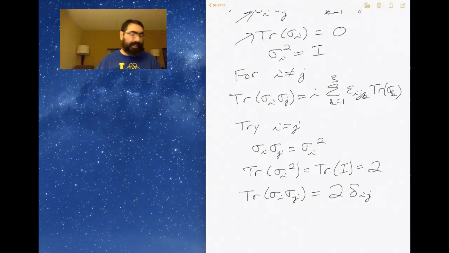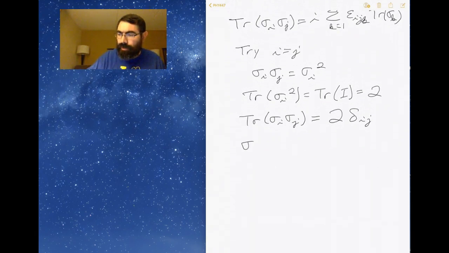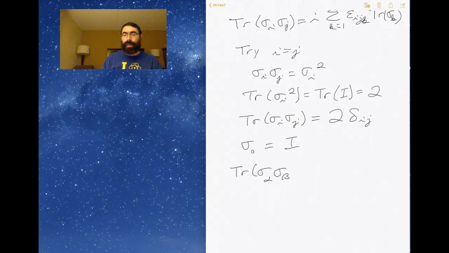So let's say we come up with a fourth Pauli spin matrix. We'll call this sigma sub 0, and we're going to set that equal to the identity. So now what we have is the trace of the product of any of these four. I'm going to switch from i and j to alpha and beta.